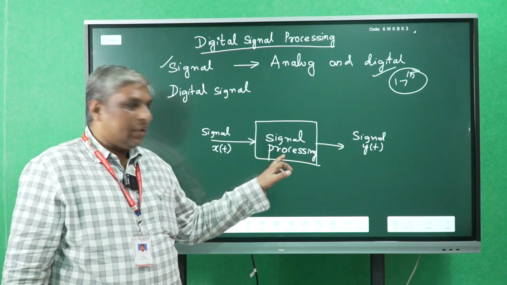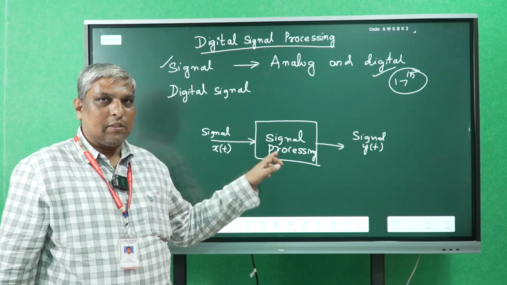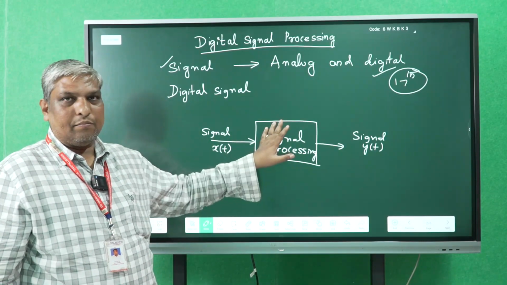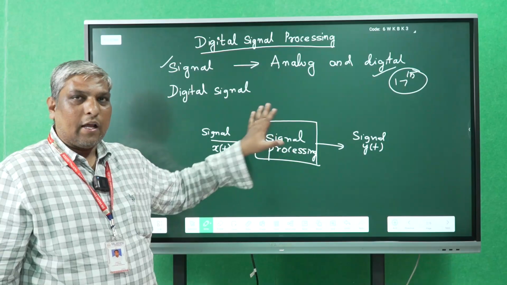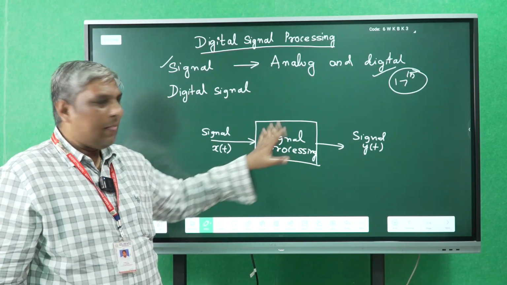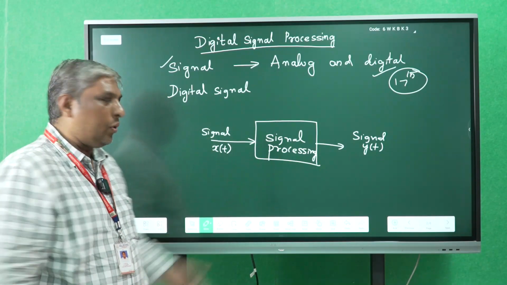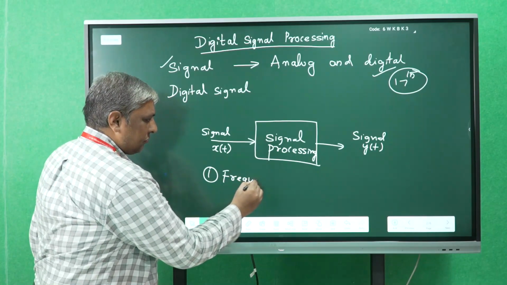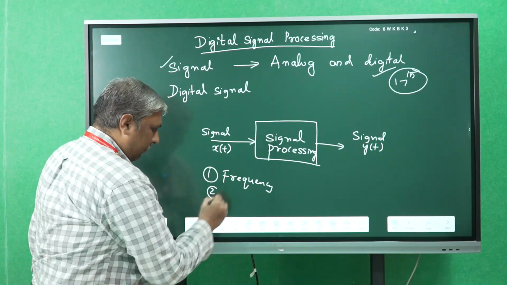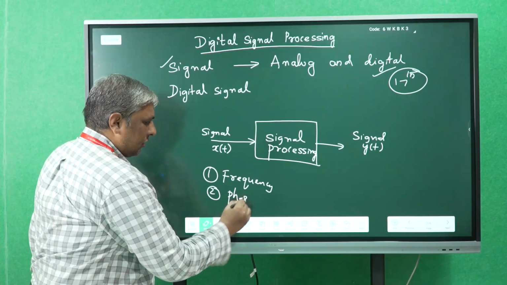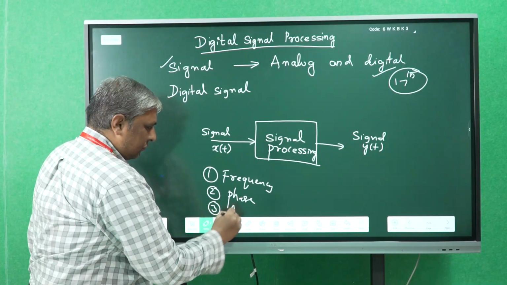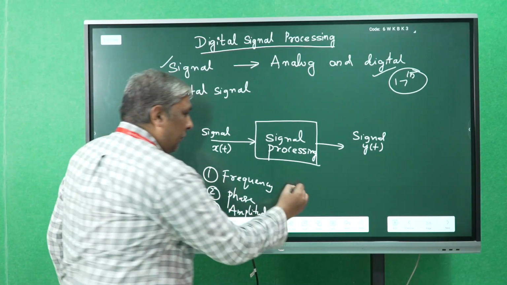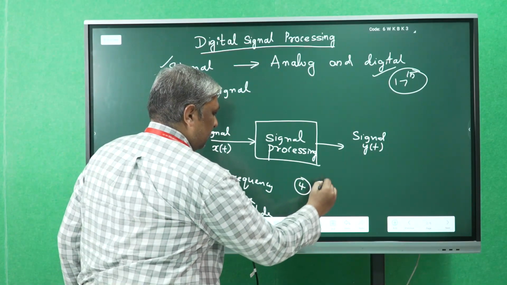The term signal processing means that some characteristics of the signal are to be varied. The characteristics may include either frequency or phase or maybe amplitude or maybe the shape also.